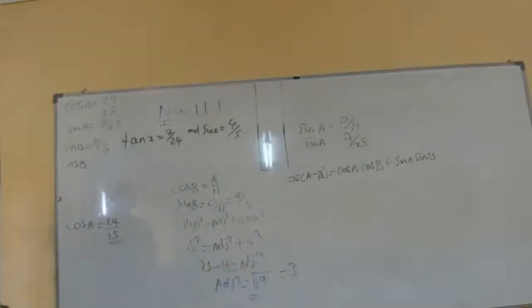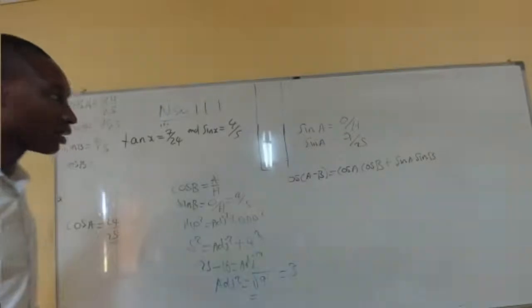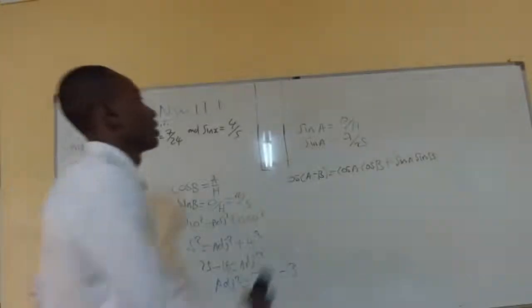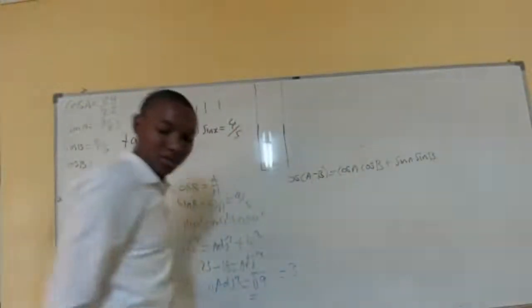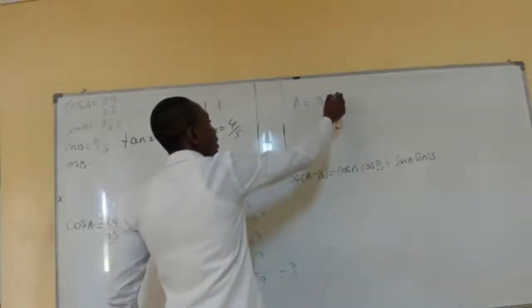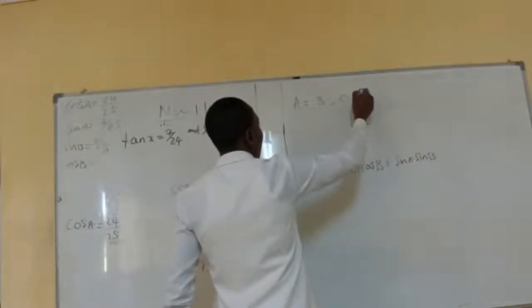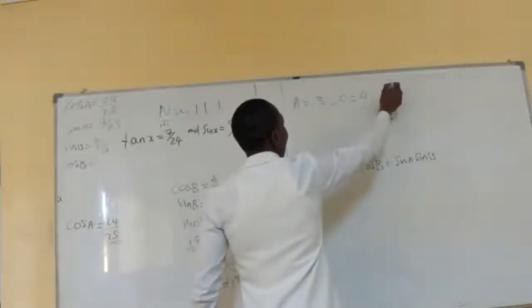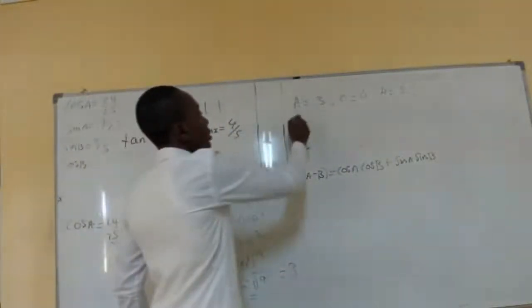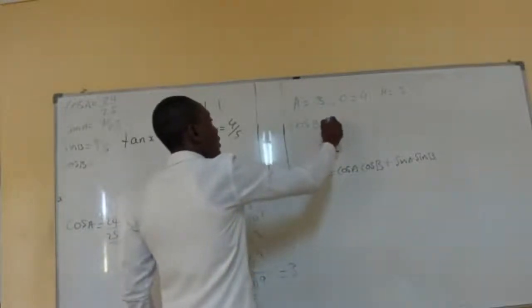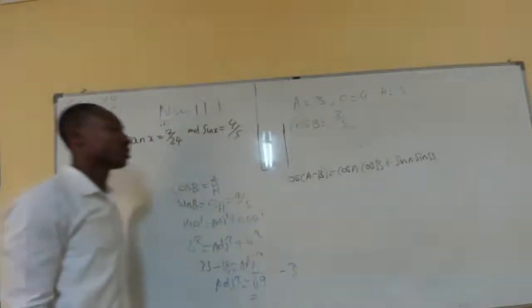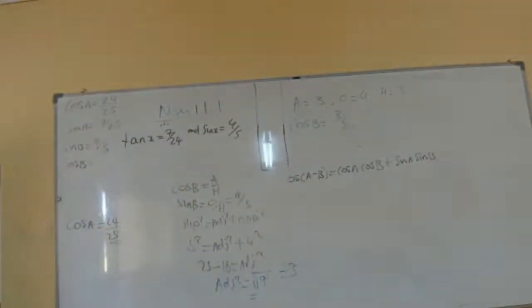Adjacent is 3. Now that we know the adjacent is 3, the opposite is 4 and the hypotenuse is 5. Let's find the cos. So cos B is 3 over 5.